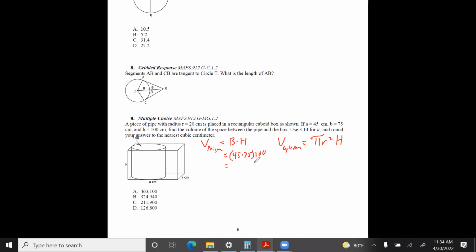So we're going to have to multiply that out. In the other equation, we have pi. They want us to use 3.14. They give us a radius of 20. And our height we know as well. I thought we didn't know our height. We did. Our height was 100.